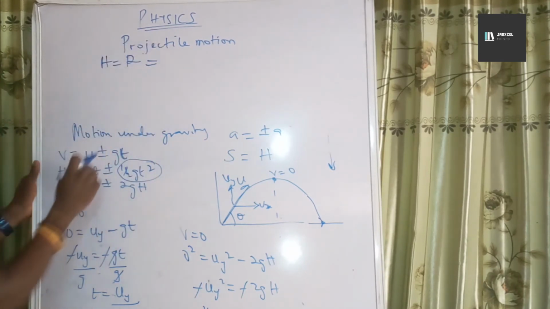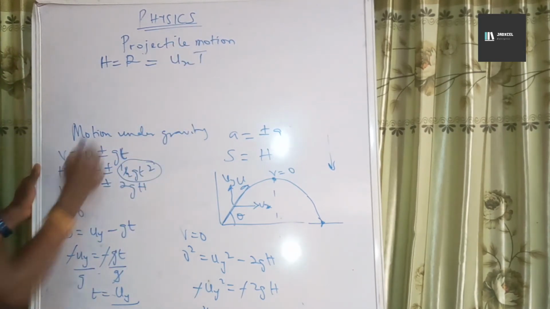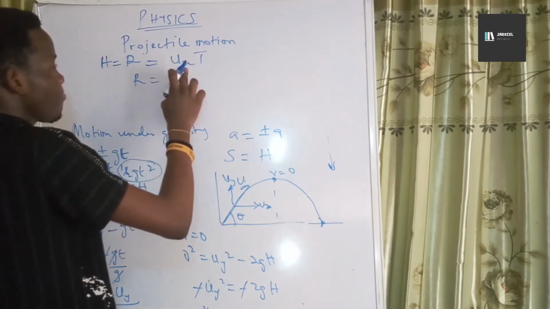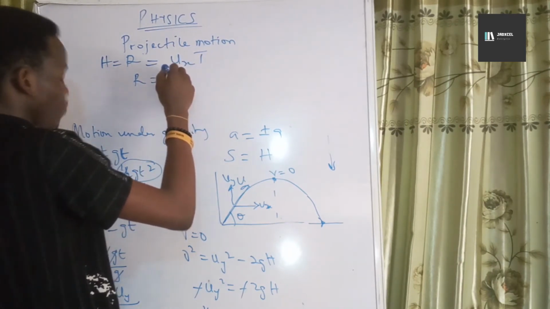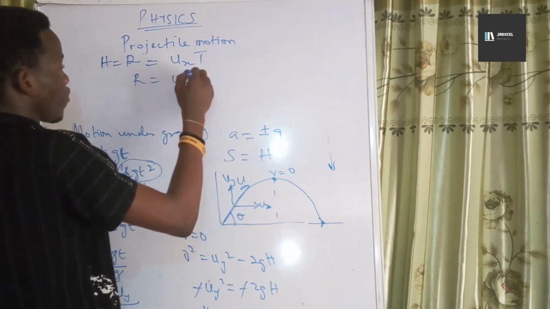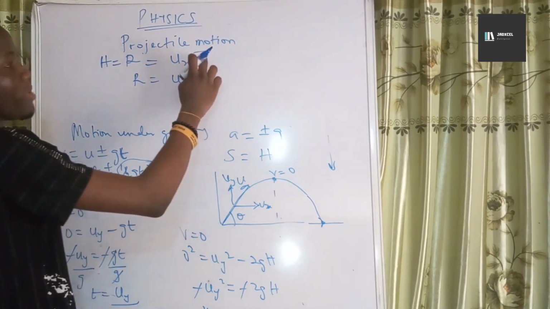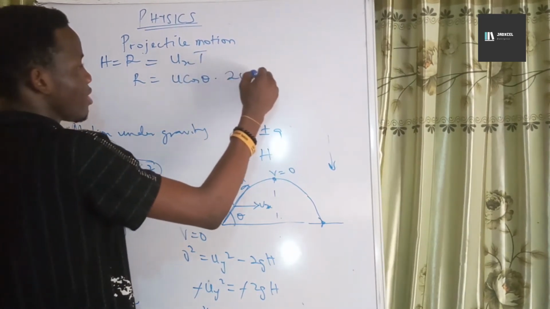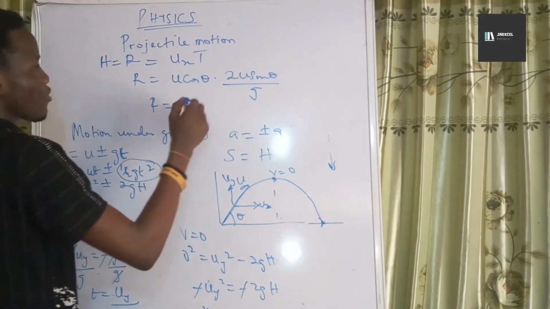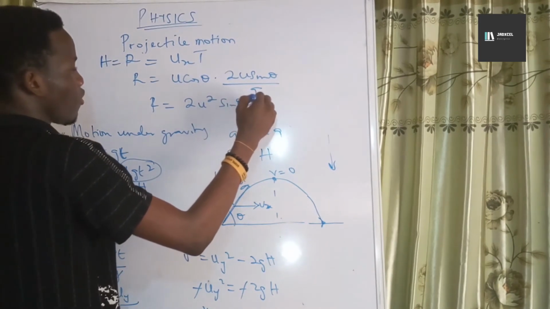So h will be called R, and that's equal to ux times big T. We have our R is equal to ux, and our ux is u cos theta multiplied by our big T, that's 2u sin theta over g. So our R is equal to 2u squared sin theta cos theta over g.